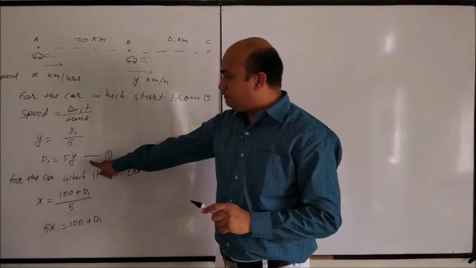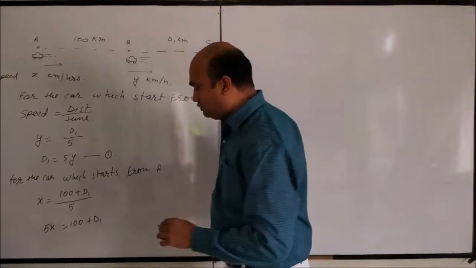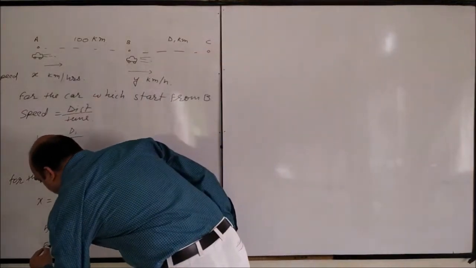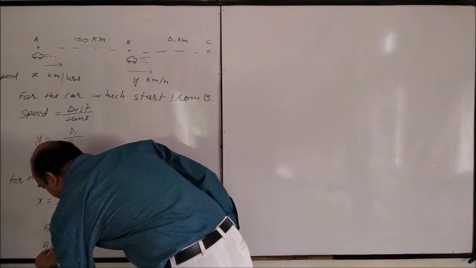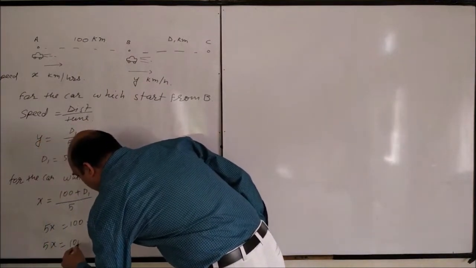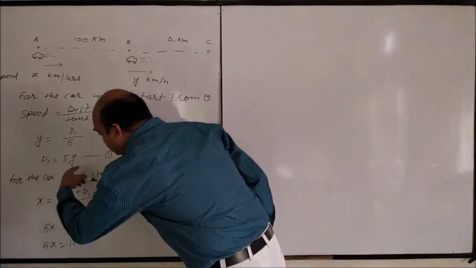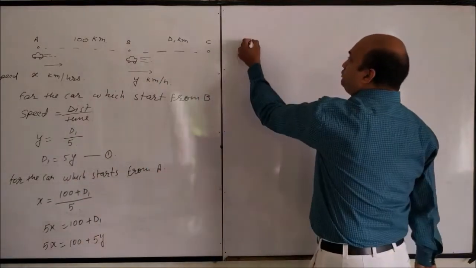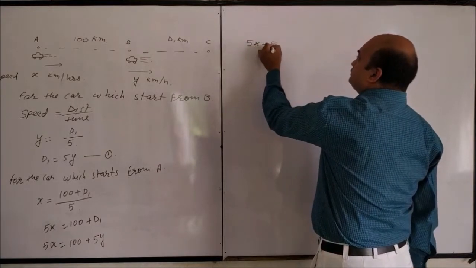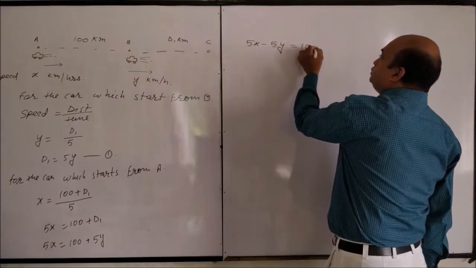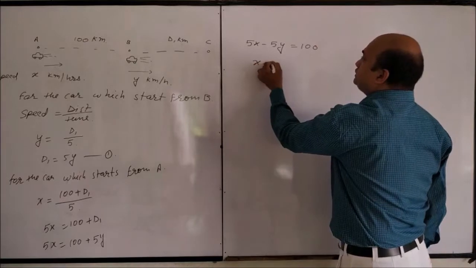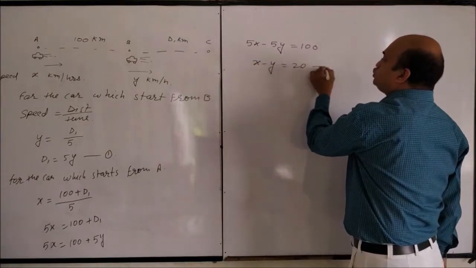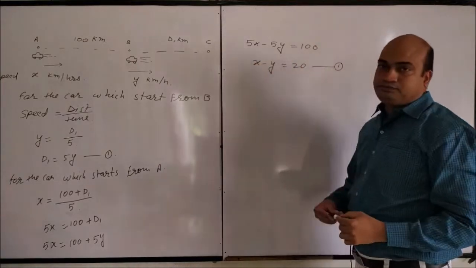The value of d1 from equation 1 we put here, so it will become 5y. 5x is equal to 100 plus 5y. Then it will become 5x minus 5y is equal to 100, and x minus y is equal to 20, equation number 1.